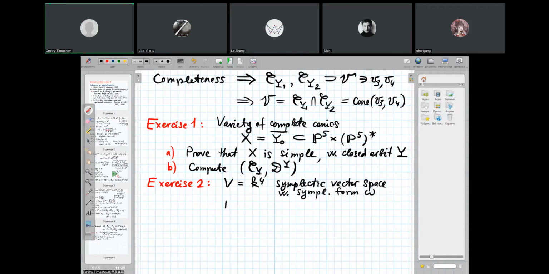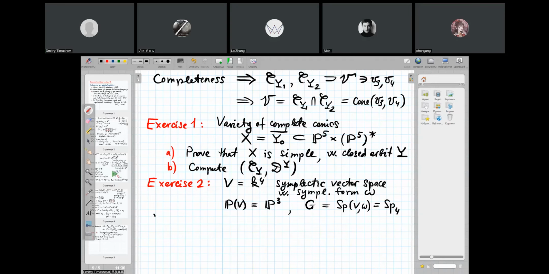I consider the projectivization of this symplectic vector space. It is three-dimensional. And for the group G, I take the group Sp4, the group of symplectic transformations of this vector space corresponding to the symplectic form omega.